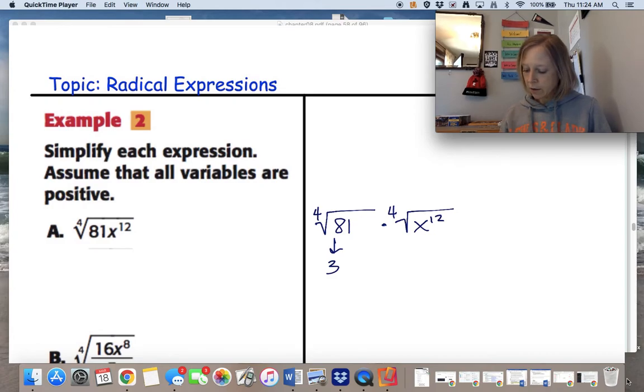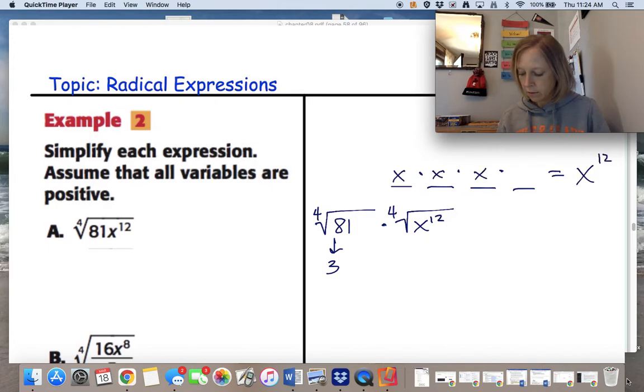Now I have to find the fourth root of x to the 12th. So I need to figure out what can I multiply by itself 4 times and have it equal x to the 12th. Well, I know they're all going to be x's, okay, because they're all going to have the same base. But if I just have x times x times x times x, that's x to the 4th power.